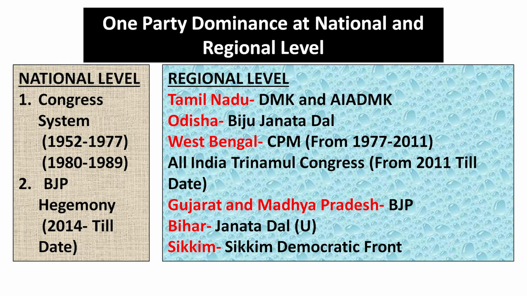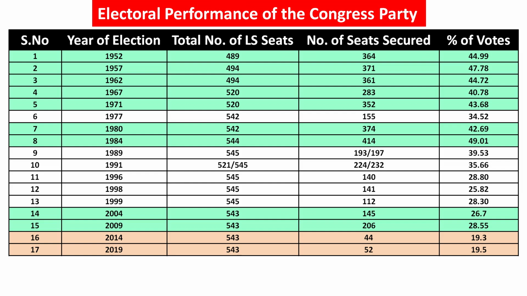Congress dominated from 1952 to 1977, then 1980 to 1989, then BJP hegemony began from 2014 till date, and at the regional level, in Tamil Nadu there is DMK, AIADMK, in Odisha there is Biju Janata Dal, in West Bengal CPIM, All India Trinamool Congress from 2011 till date, in Gujarat and Madhya Pradesh there is BJP, in Bihar there is Janata Dal, in Sikkim there is Democratic Front. So, let us look at the performance of the Congress in different elections in India.